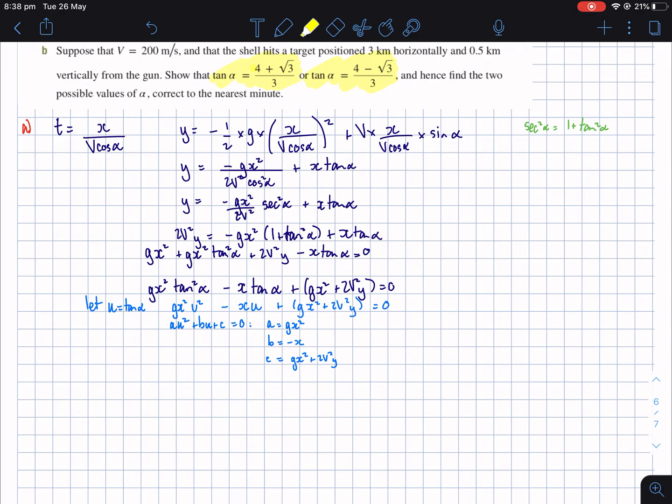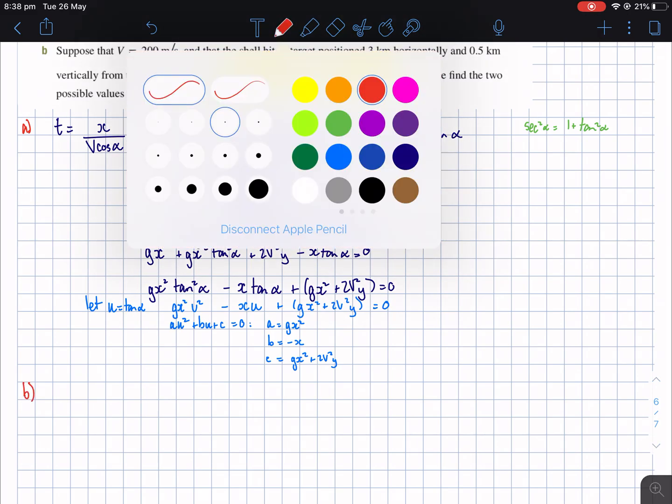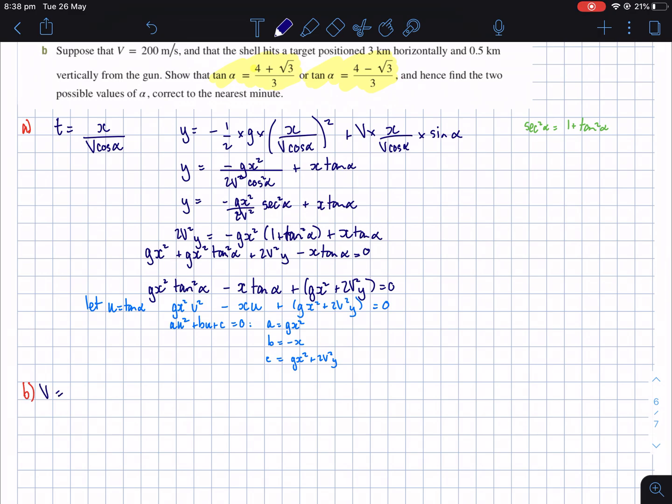Suppose V is 200. The shell hits a target, position 3 Ks horizontally and 0.5 vertically from the gun. Okay, so we know V is 200 meters per second. We know X is 3 Ks horizontally, 3,000. Y is 0.5 vertically, 500.